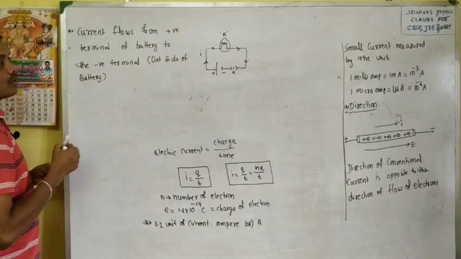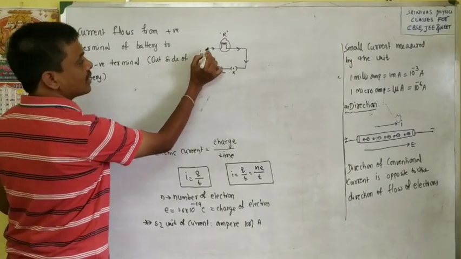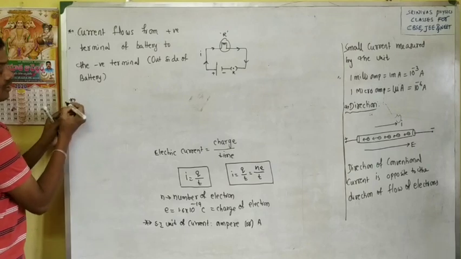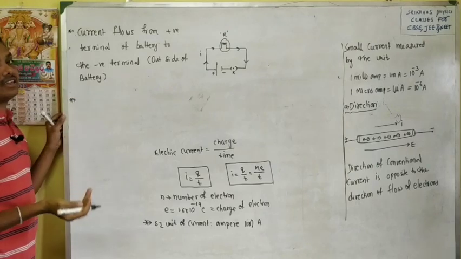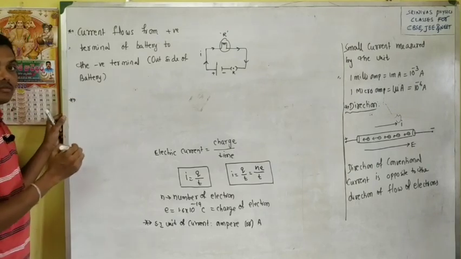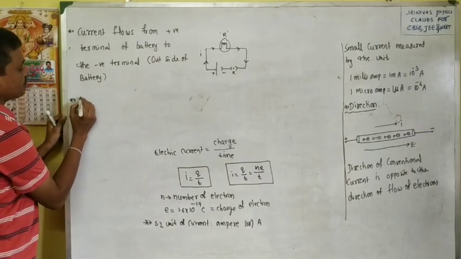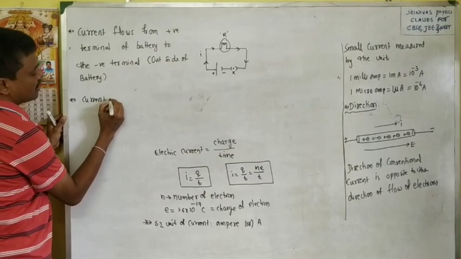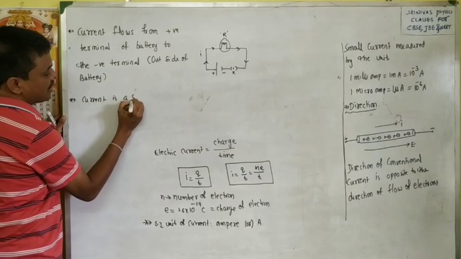Now we are telling that current has direction, but current is not a vector. Why is the current not a vector? Because current is a scalar. I will tell the reason, wait 1 minute.